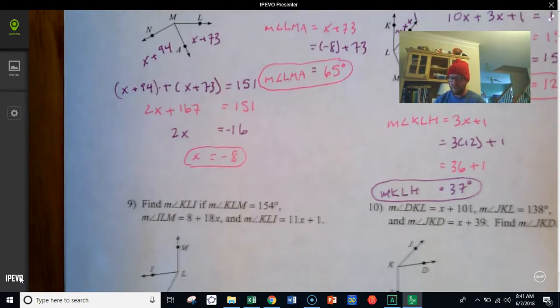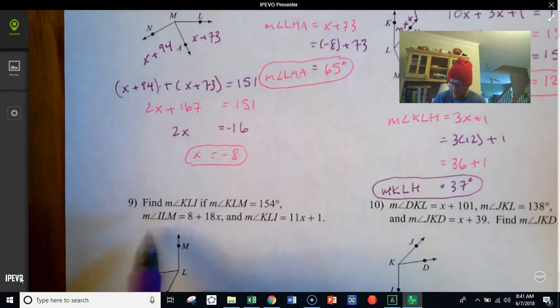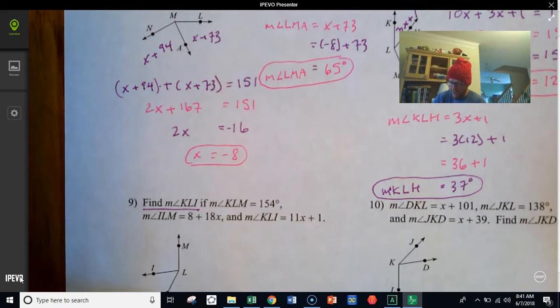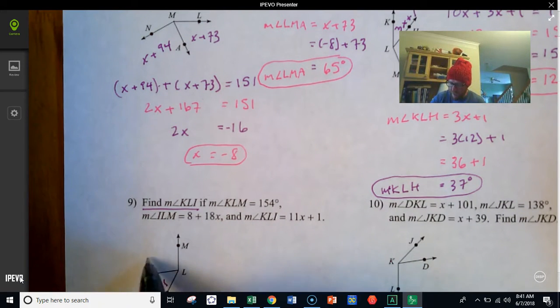Okay, next up, we are trying to find KLI. KLI is 11x plus 1. We've got ILM, 8 plus 18x, and the big angle is 154.